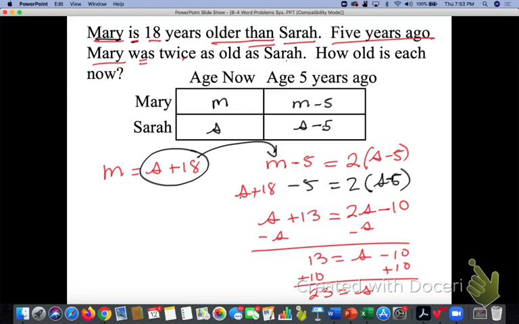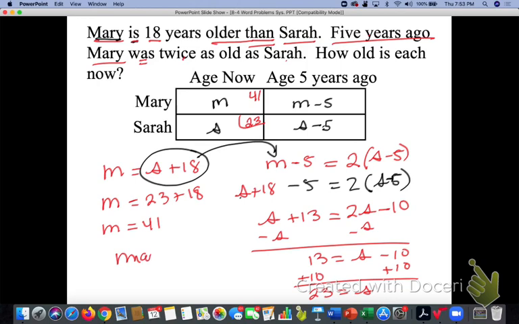Now, I want to emphasize, I know logically you might be figuring this out, but our equations are going to get harder. So I need you to learn my method because we're going to build on this. I promise you this will make it easier. And eventually you'll be able to drop the boxes. So Sarah's 23. So if I substitute in 23 plus 18, Mary is equal to 41.